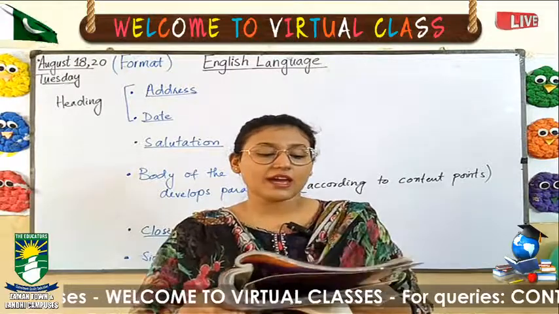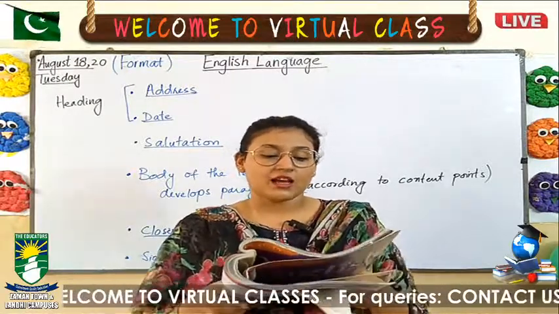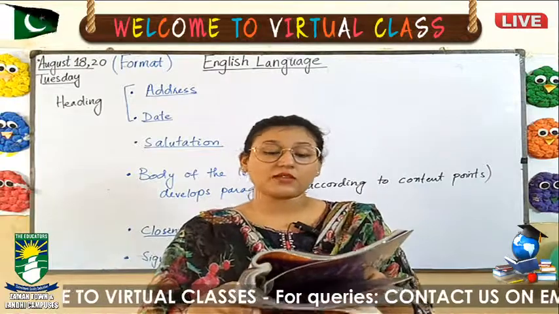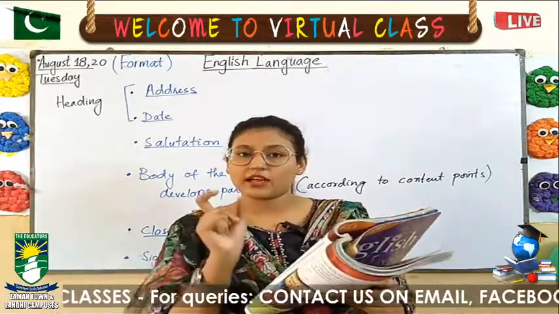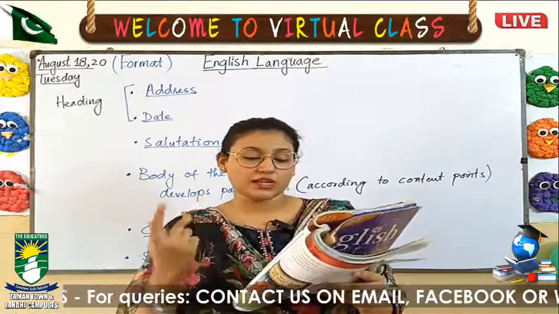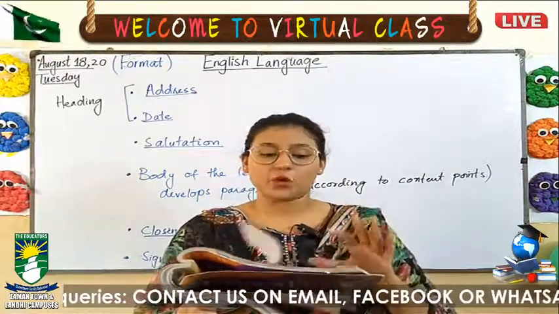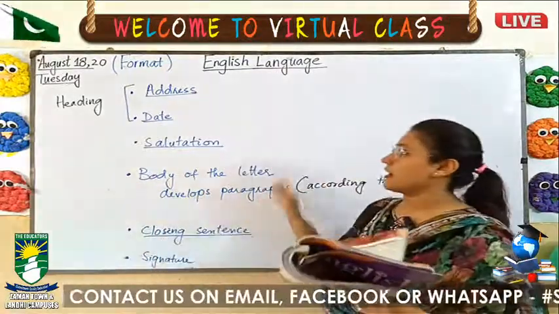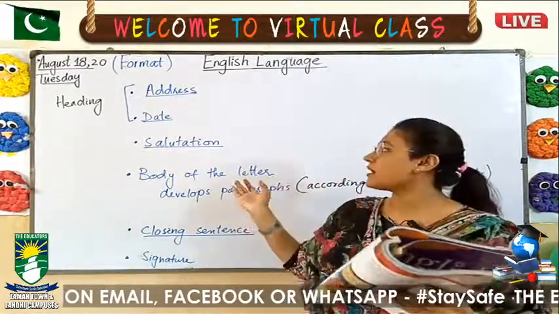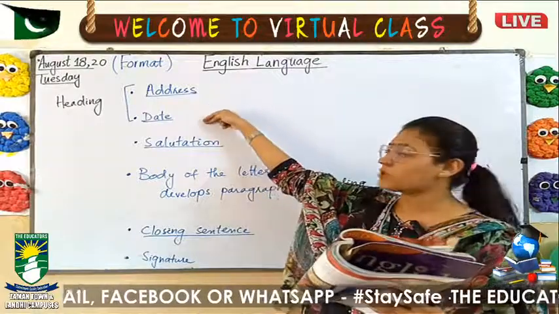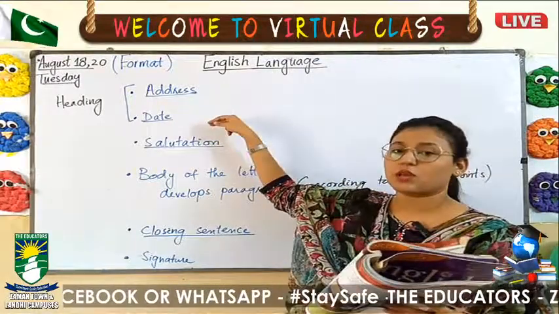Write a letter to your aunt and tell her about the visit of the medicine man. So we have got the main character about whom you have to tell, that medicine man. Then the content points. You will write the address, any assumed address. Then, skipping one line, you have to write the date. After that, skip one line.